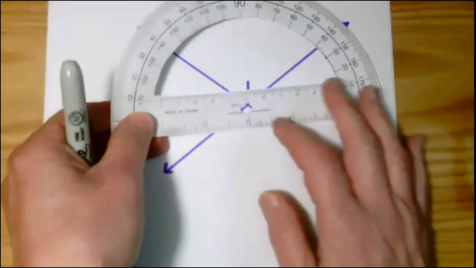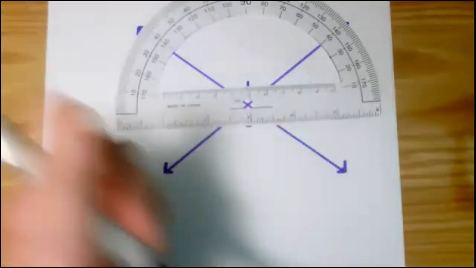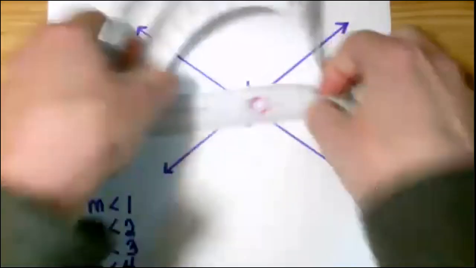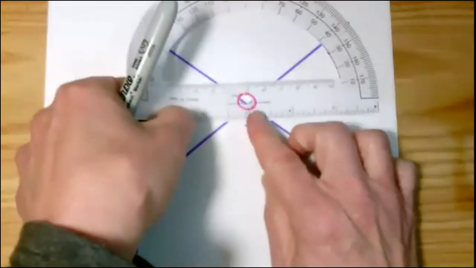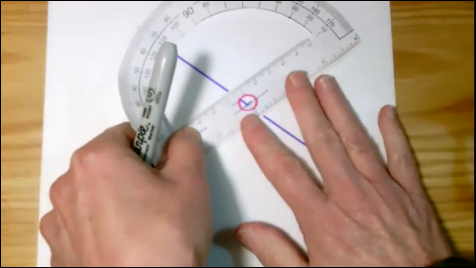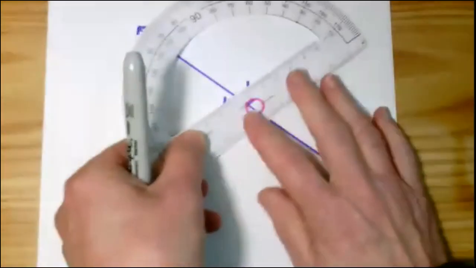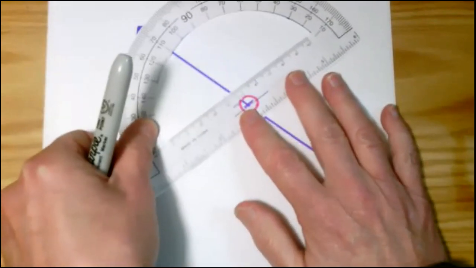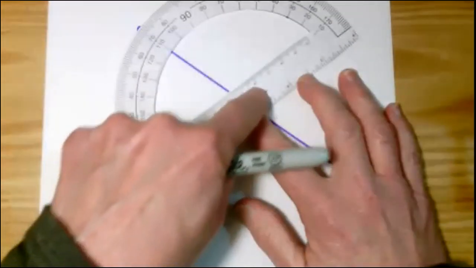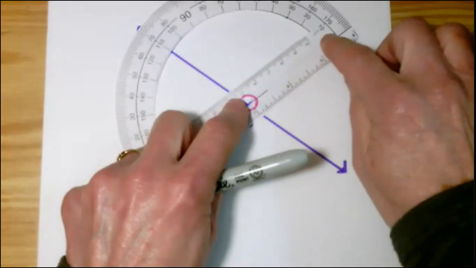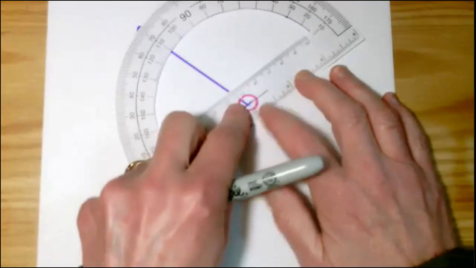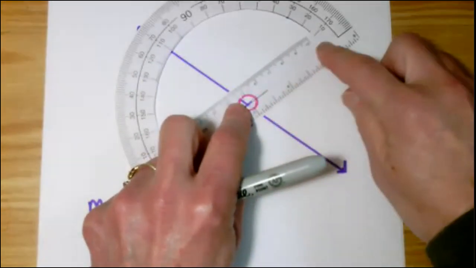So if I'm measuring angle 1, I'll put my hole on the vertex right here, and then make my line line up with one of the sides of my angle, as best I can. This is the side of my angle, and here's the other side. It's kind of hidden by the protractor, but it's right there.